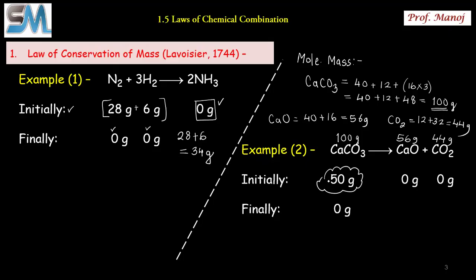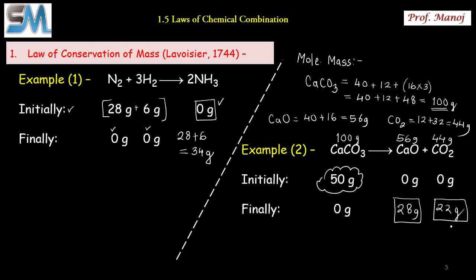But since I have taken 50 gram, everything is going to be half of this. So the mass of calcium oxide will be 28 gram, and the mass of carbon dioxide will be 22 gram. I hope this calculation is understood.